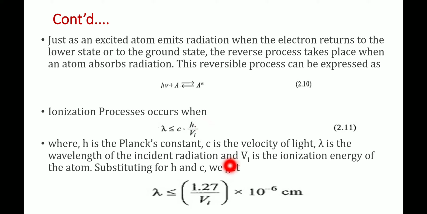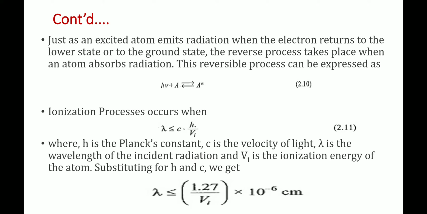After calculating, you will get lambda less than or equal to 1.27 divided by the ionization potential Vi, times 10^-6 centimeter. Substitute the values for Planck's constant and the velocity of light. Okay, I hope this is clear to all of you.